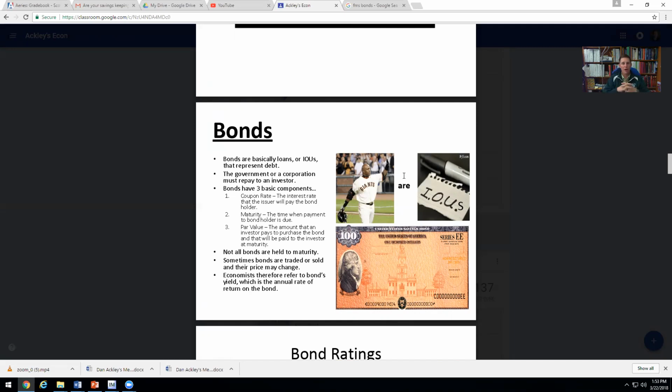It's kind of a contract sort of deal. And then when that's all done, they will pay you a certain percent of interest. The reason people do this is because if you can get the right bonds, typically pretty reliable, fairly low risk bonds, very reliable bonds, you can get them to pay certainly more interest than money just sitting in a savings account. So we'll look at some of those today.